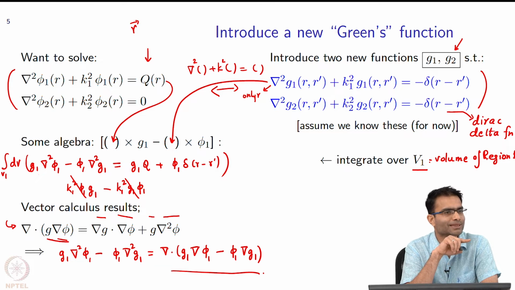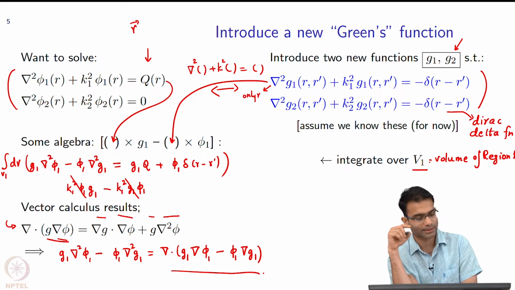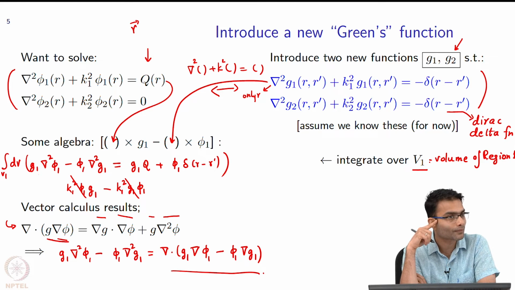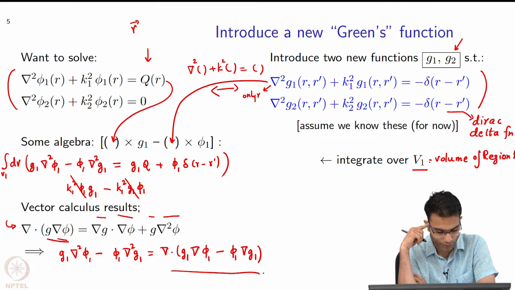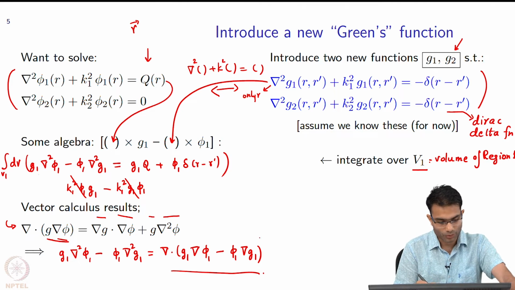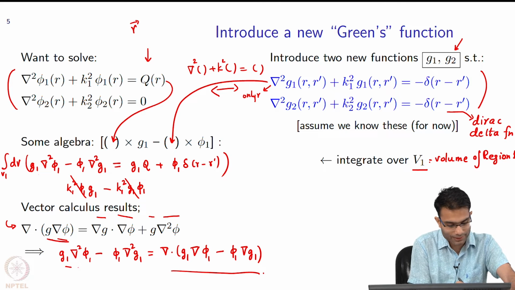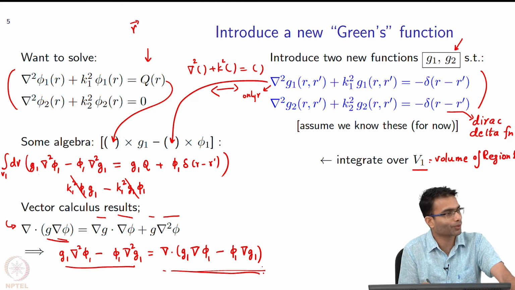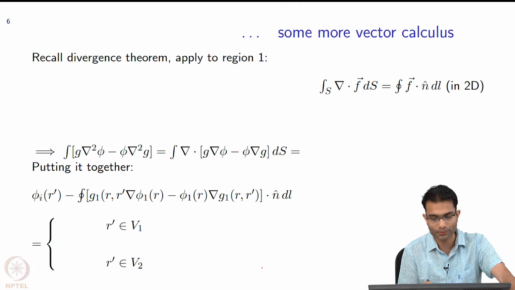That is the only term that might simplify. The other terms, it is not very clear how they will get simplified. So, let us see how they will. You notice that when I integrate this term over volume, this becomes an integral of this over volume, right. So, that is what we are coming to.